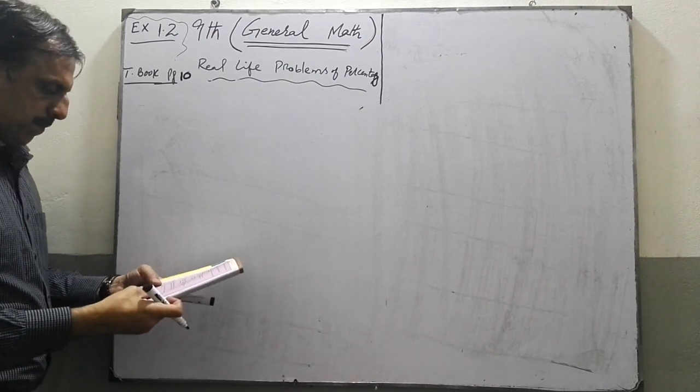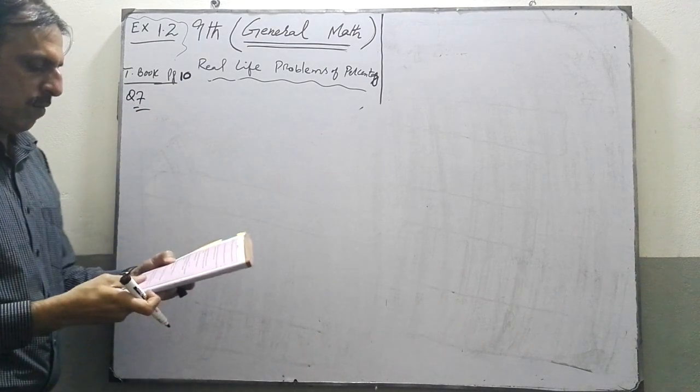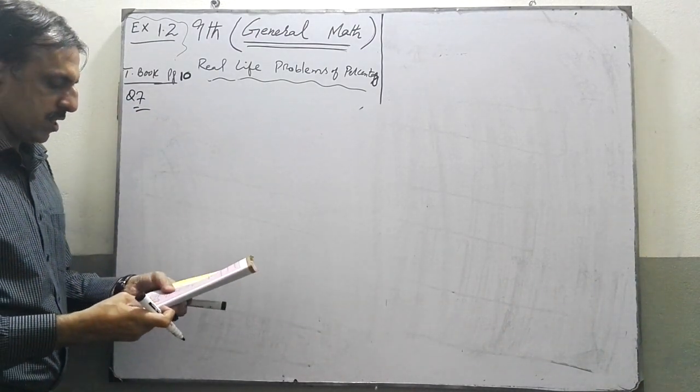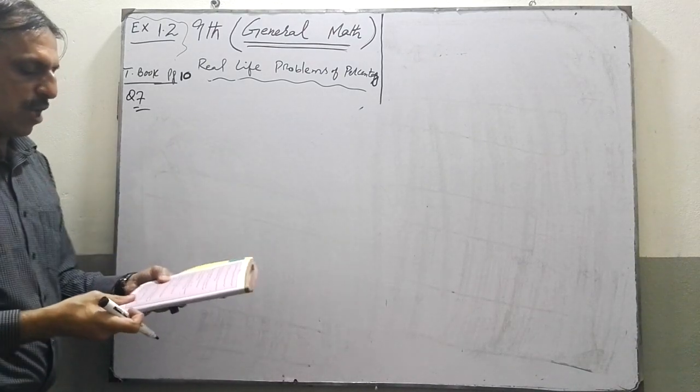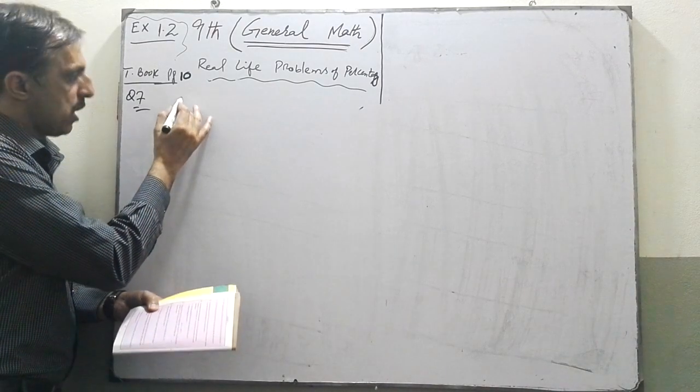Now question number 7. In question number 7, the given data is 84% of books contain 420 pages. We will write as 84%.